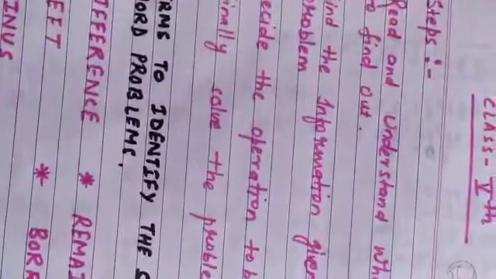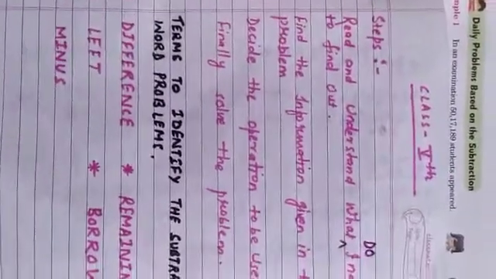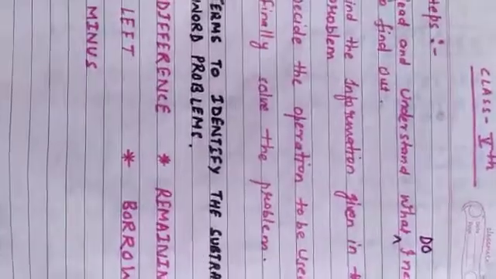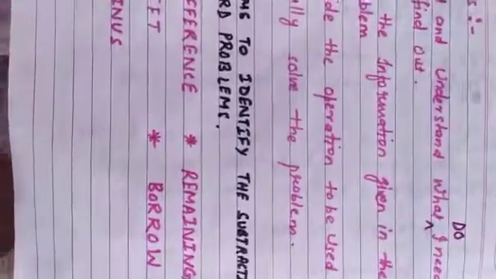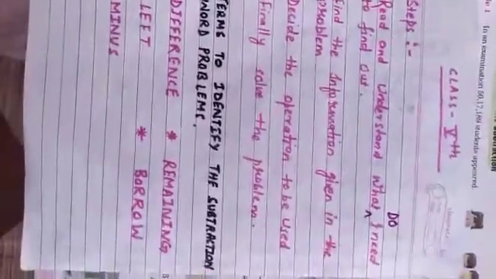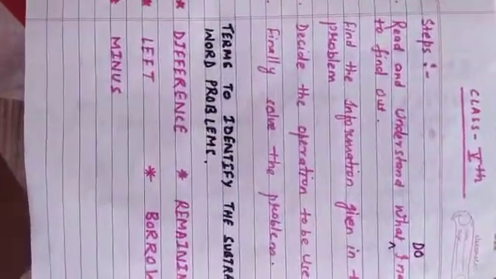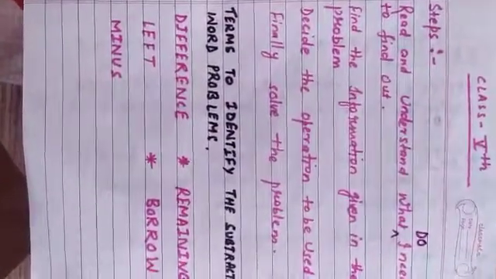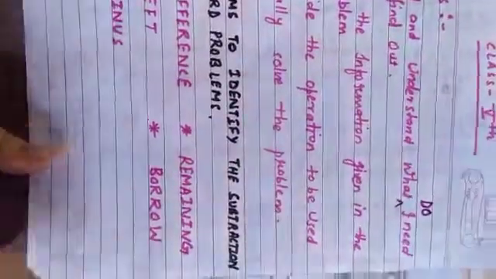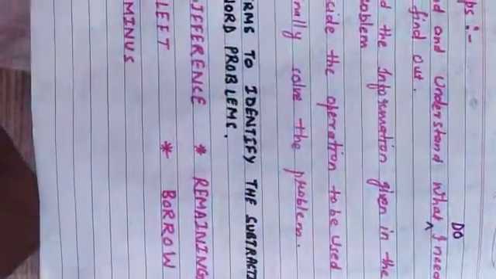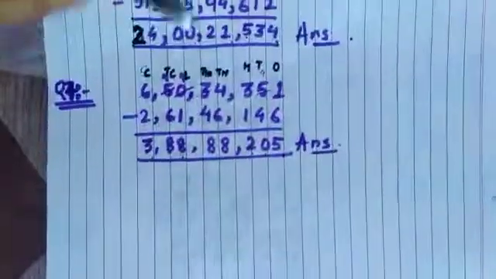Step 3: decide the operation to be used. It means you have to decide whether you have to do addition, subtraction, multiplication or division. And step 4 is finally solve the problem. I hope this is clear, and we will move to exercise 2.5.